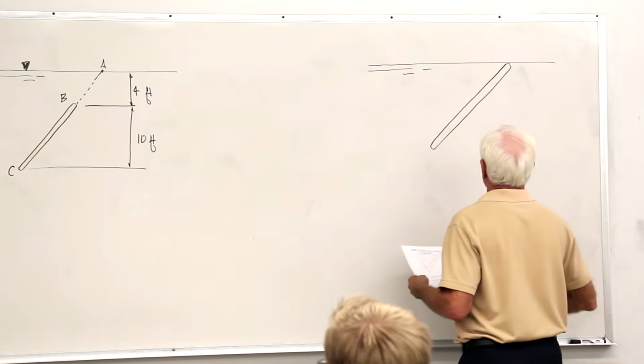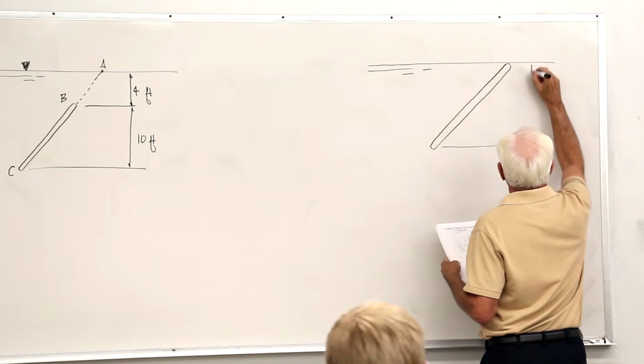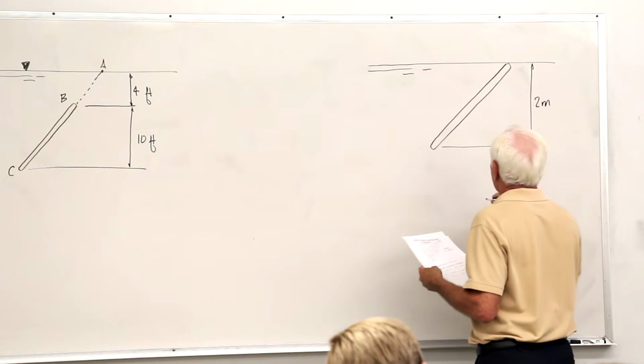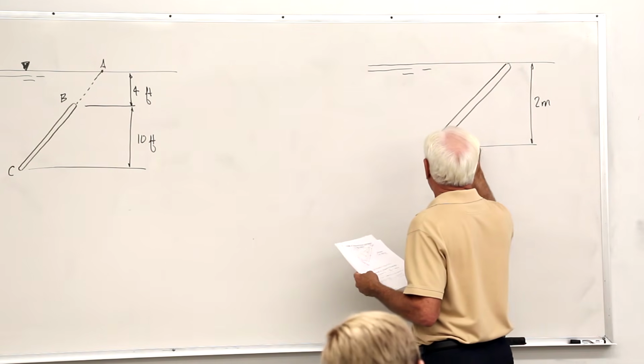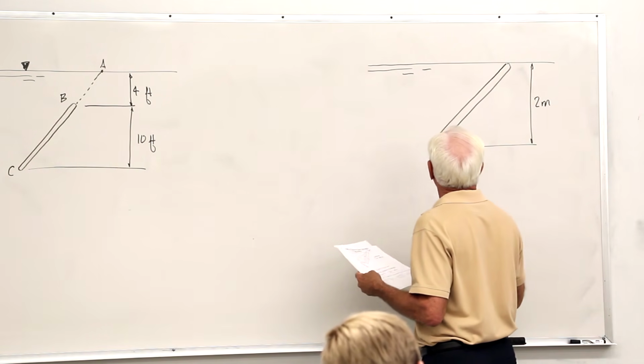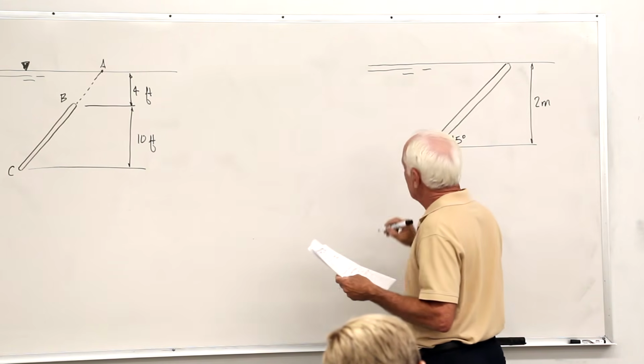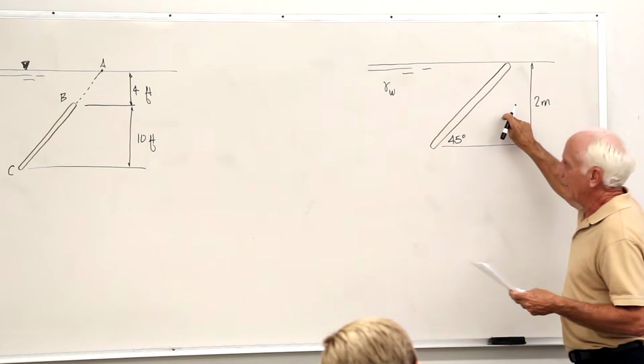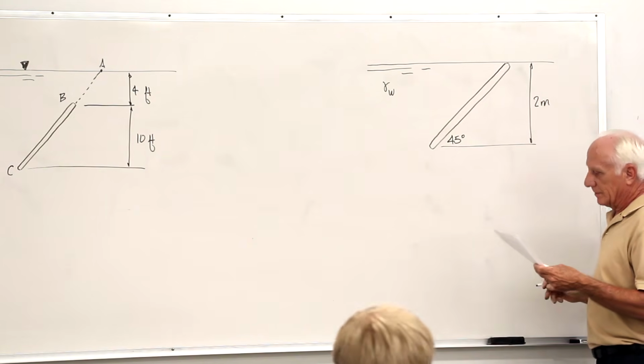Not that way, 2 meters this way. We'll make life easy, 45 degrees. Gamma water. Air down here, air up here.